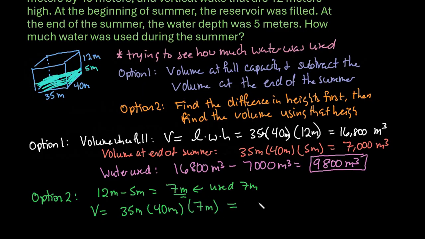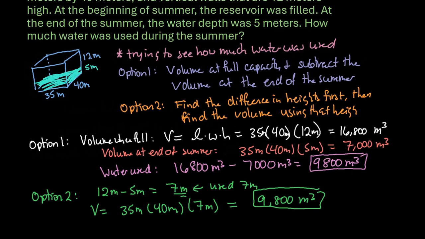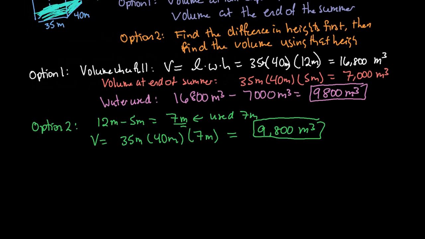When I plug that into my calculator, I end up with 9,800 cubic meters. So either one arrives at the same answer. Sometimes there is more than one way to get to the correct solution. So we can say that 9,800 cubic meters of water was used during the summer.